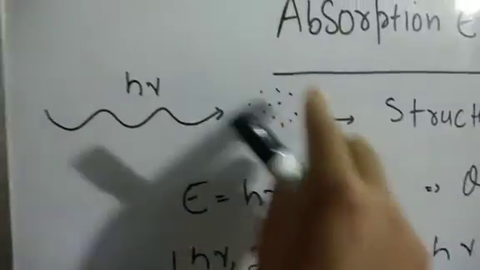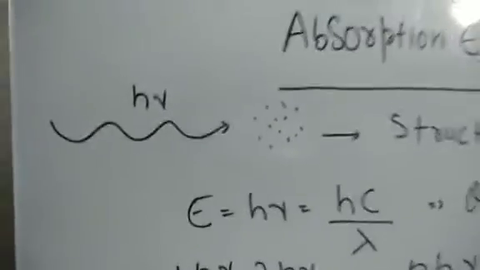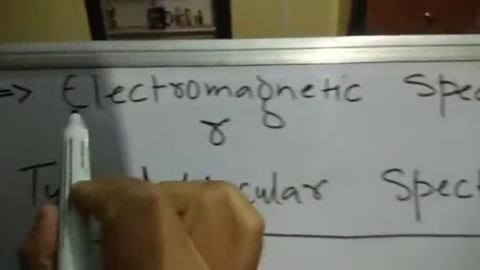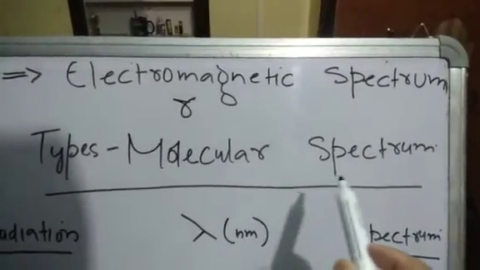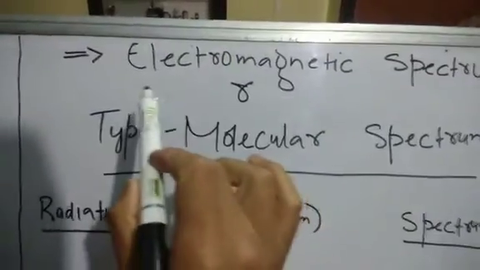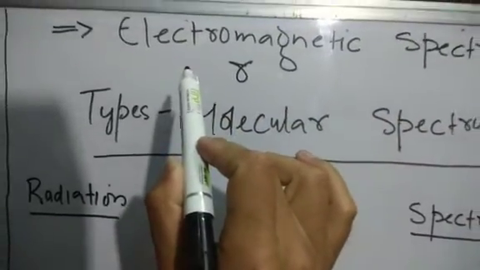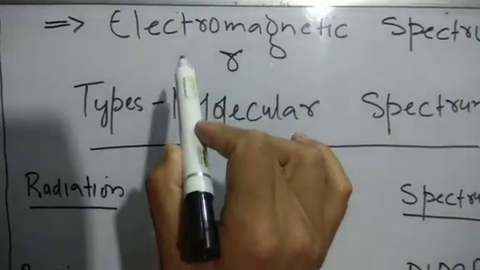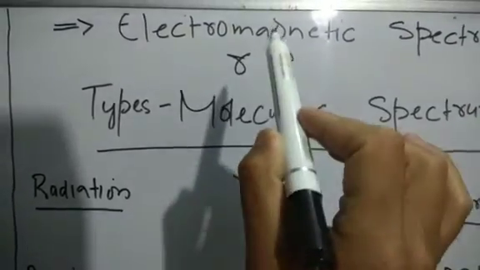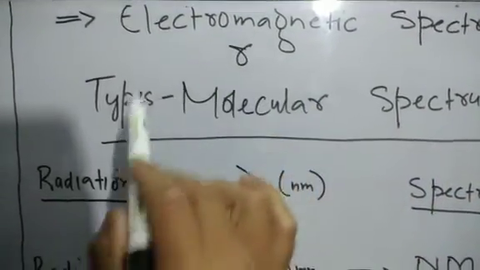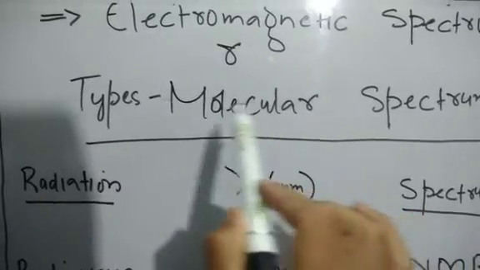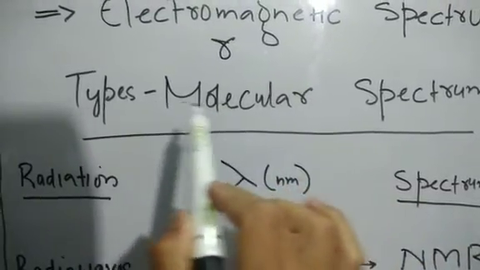Now, in order to deal with the type of radiation the molecule absorbs and which type of change occurs, we'll discuss that in the form of a table, which you can correlate with the electromagnetic spectrum. So electromagnetic spectrum and the type of molecular spectrum, that means which type of radiation we are using, whether it is high wavelength radiation or low wavelength radiation, and then accordingly there will be a change in the molecular energy levels.